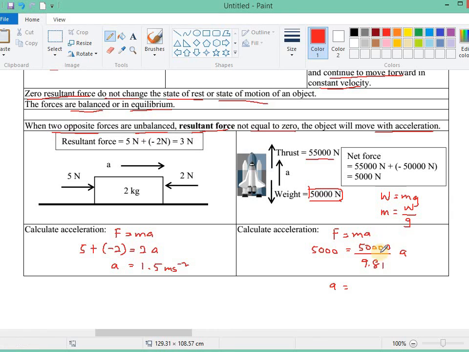So we will get that the acceleration is 0.981 meter per second squared. Okay? So this is the acceleration of the rocket.